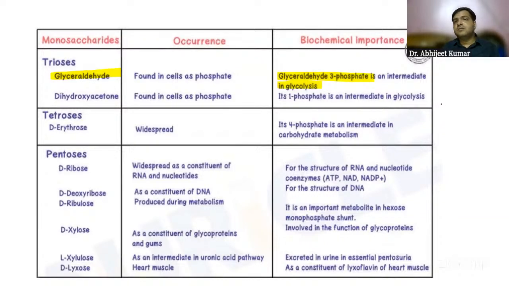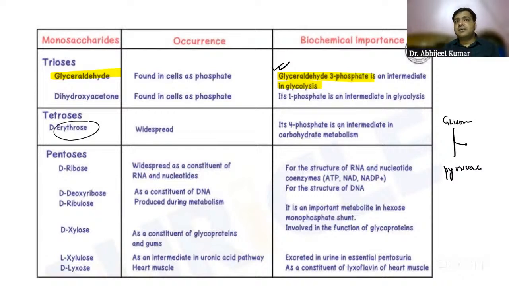In a series of reactions, an intermediate product you get is glyceraldehyde 3-phosphate, right?